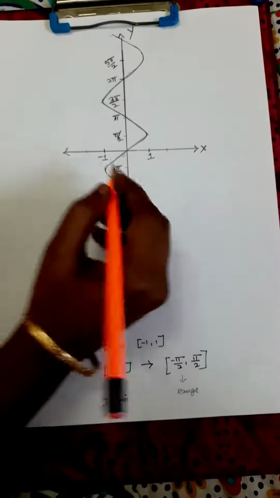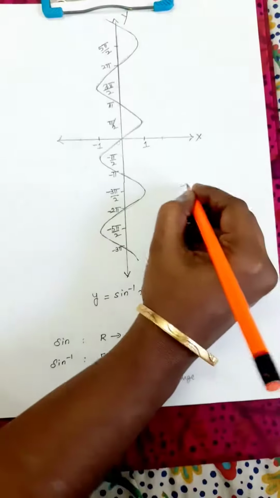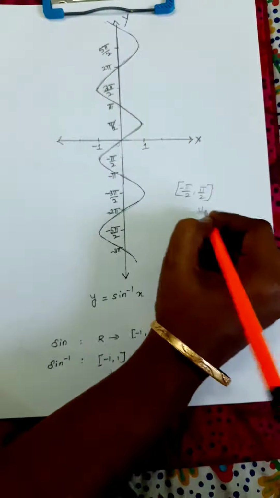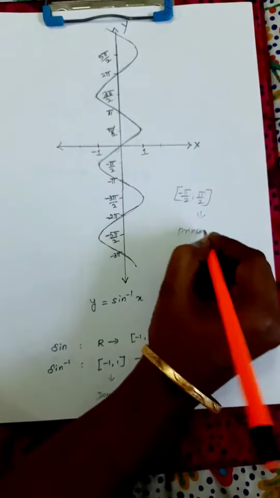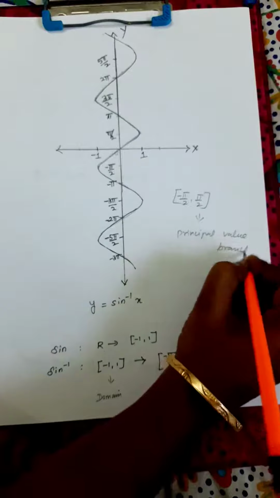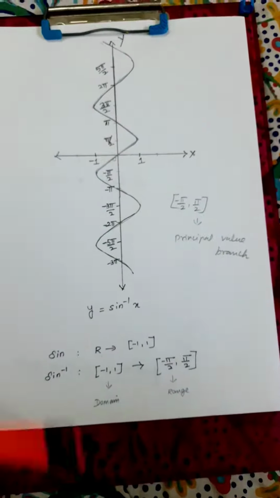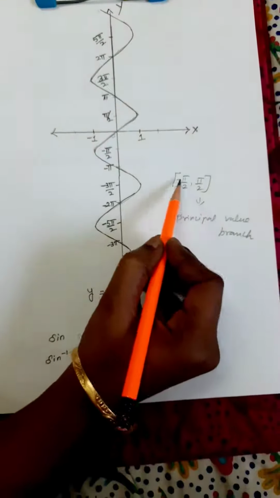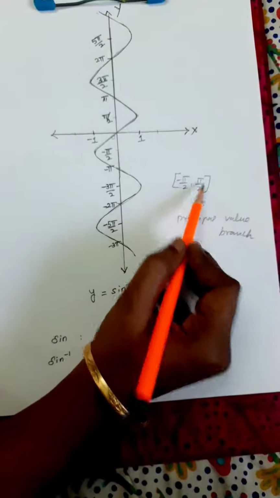So we need to restrict the range to minus pi by 2 to pi by 2. This is called the principal value branch. This function is not 1 to 1 on the entire line, so we need to restrict the range to minus pi by 2 to pi by 2.